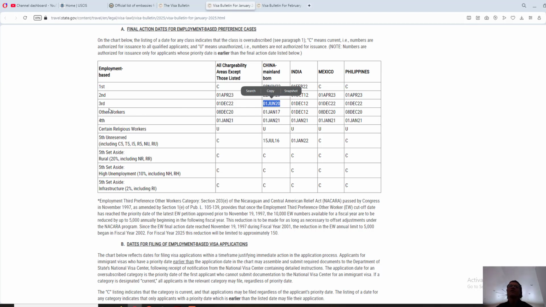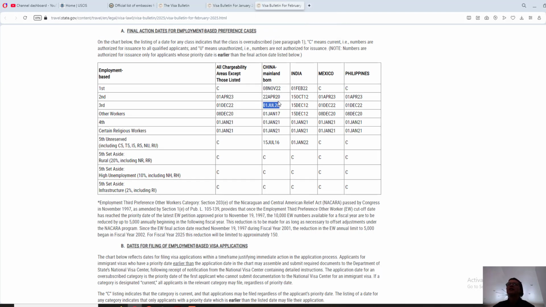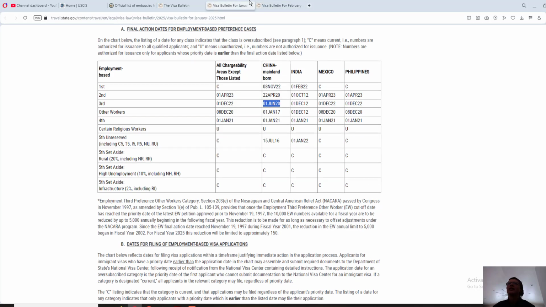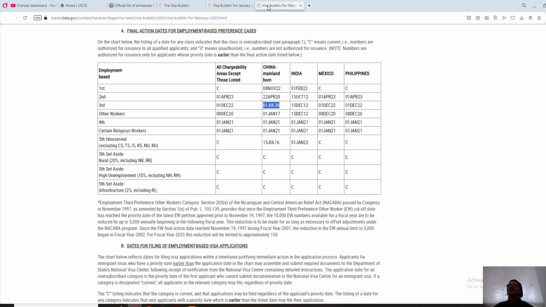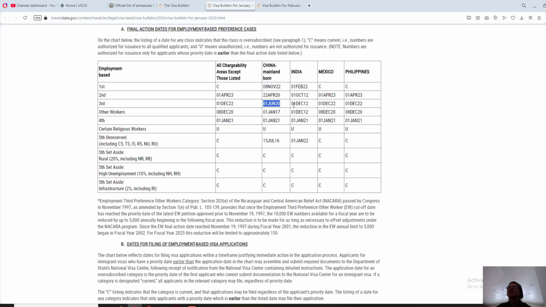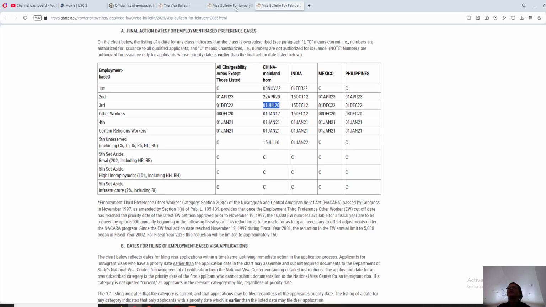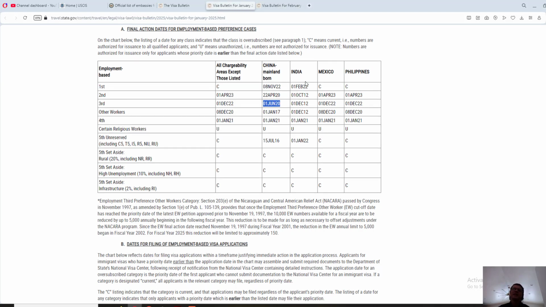The third employment-based category moves from June 2020 to July 2020, as you can see. That's besides being authorized. Oh yeah, there's also movement here. From October 10th to October 15th. From December 1st to December 15th. So yeah, there was some movement, just not for families, unfortunately.